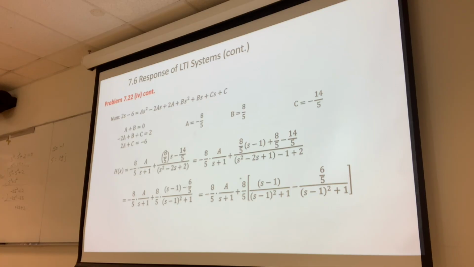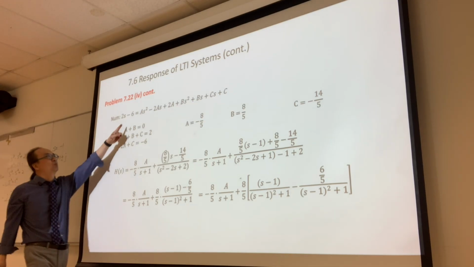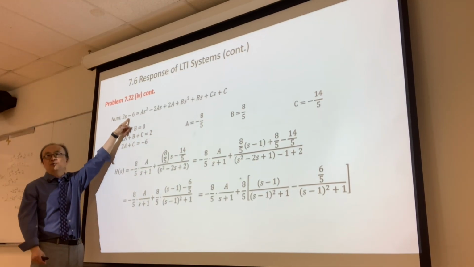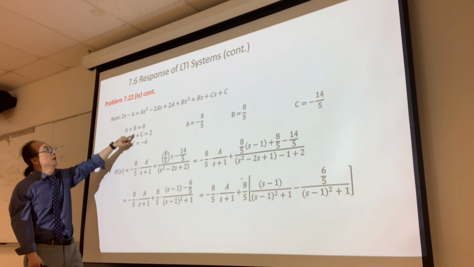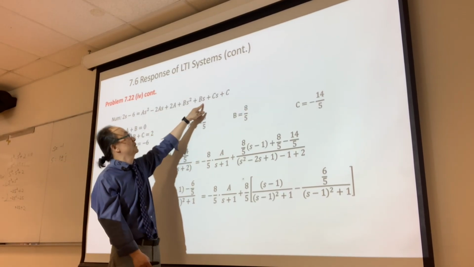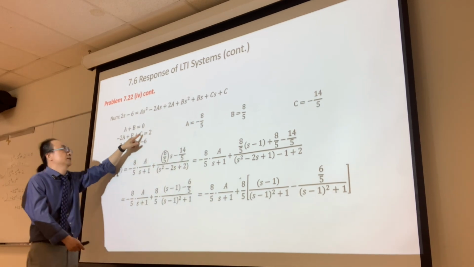Okay, so now for this numerator comparison, we need to identify the squared terms. When we look at the squared terms, we have a plus b, and that should be equal to 0, because on the left-hand side there is no squared term. And then the s terms, -2as plus bs plus cs, those are the s terms.